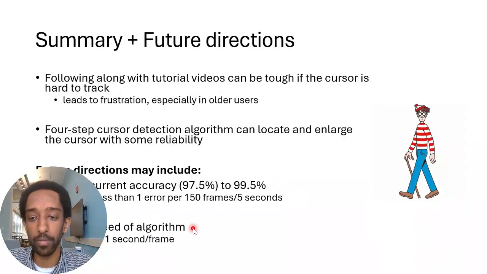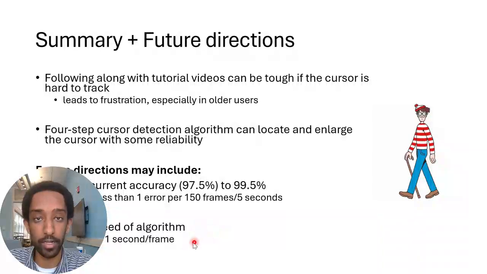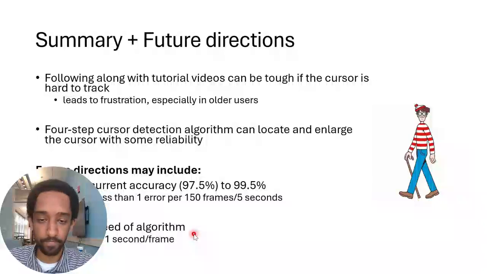And then also improving the speed of the algorithm would be great. So right now it takes about 1 second to process a frame, and that's a really long time. Like I said, a 30 FPS video would take hours for a regular 5-10 minute tutorial video. So the speed definitely could be improved on.